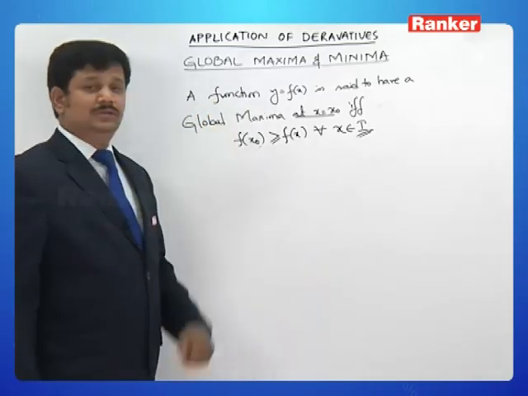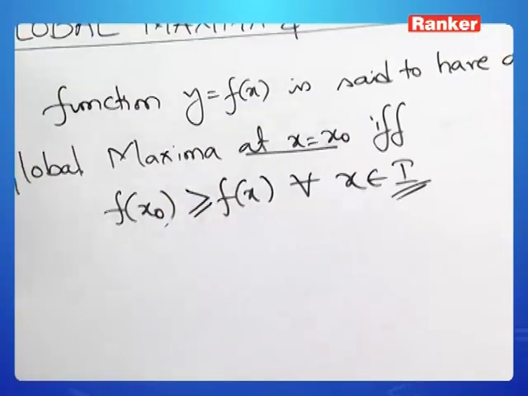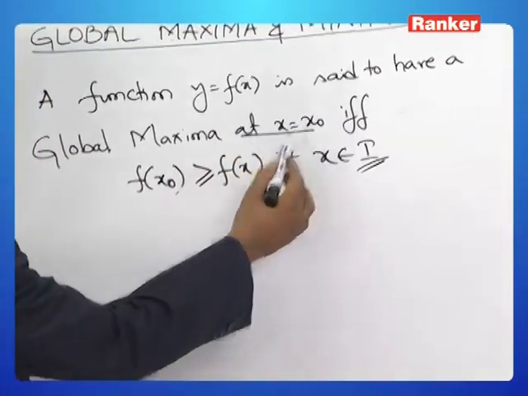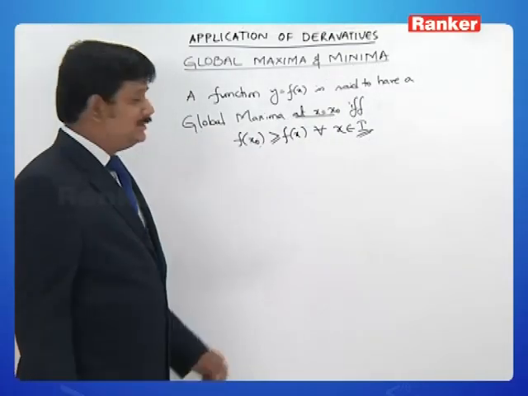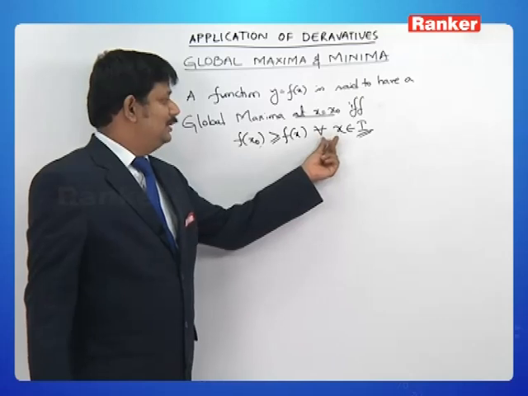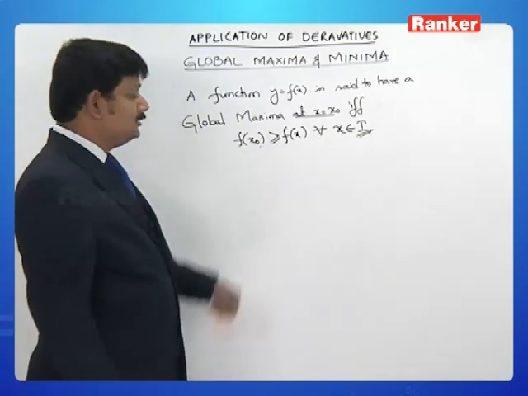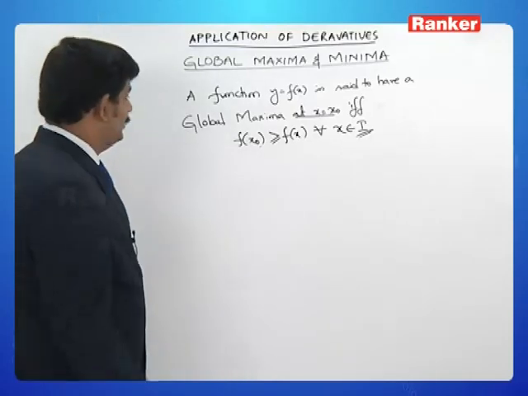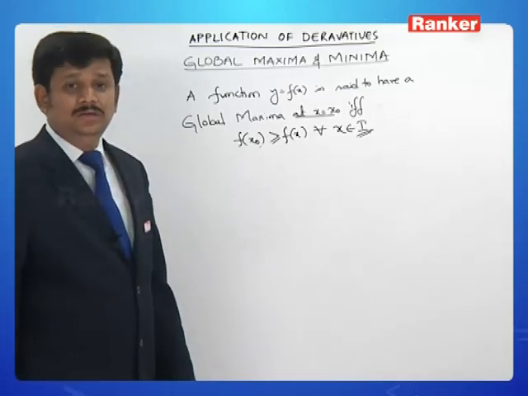The equality symbol is there here, but not in the definition of local maxima. So a point can qualify to be global maxima without being a local maxima.